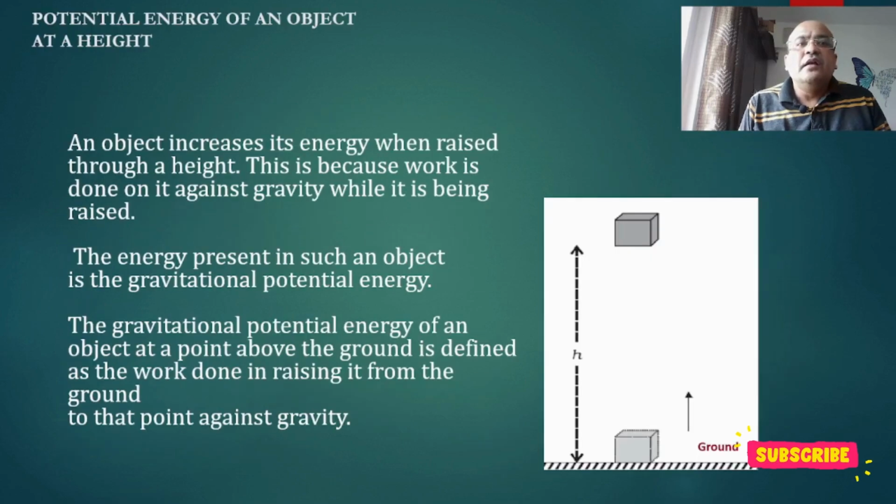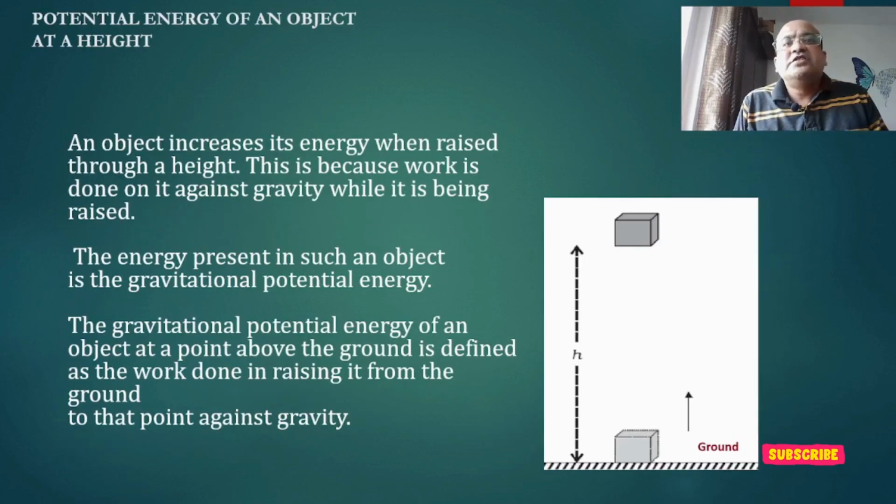Now let's see the potential energy of an object at a height. Let us see what happens at a height. What we see here is that an object increases its energy when raised through a height.